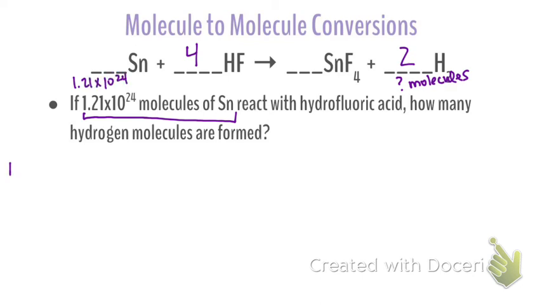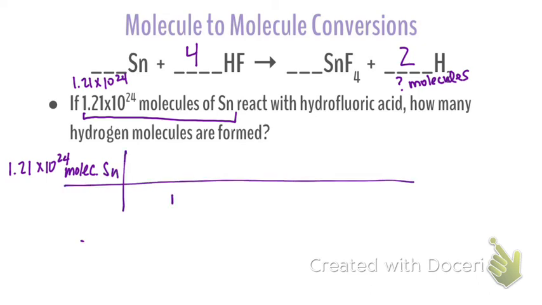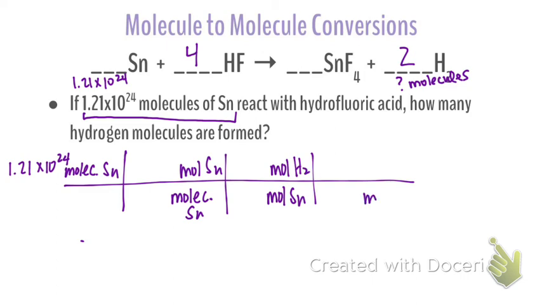Okay, so I'm going to start with what I know. I'm going to convert from molecules of Sn to moles of Sn. Then I'm going to do my mole ratio. Then I'm going to go moles of H2 to molecules of H2.